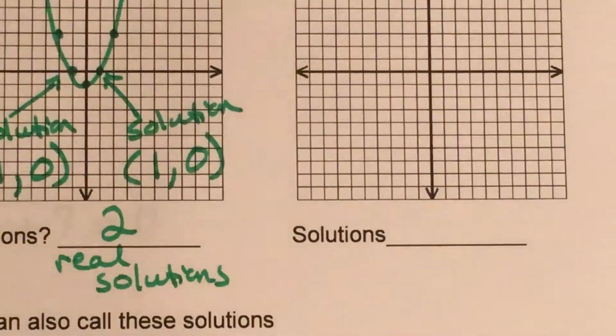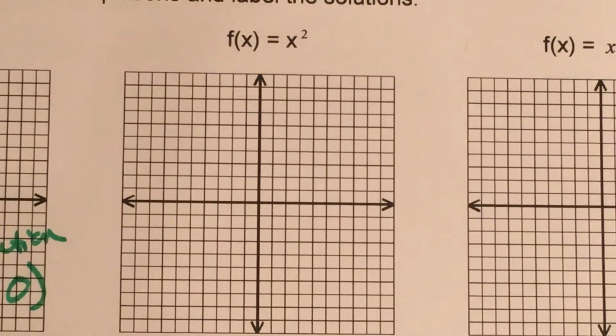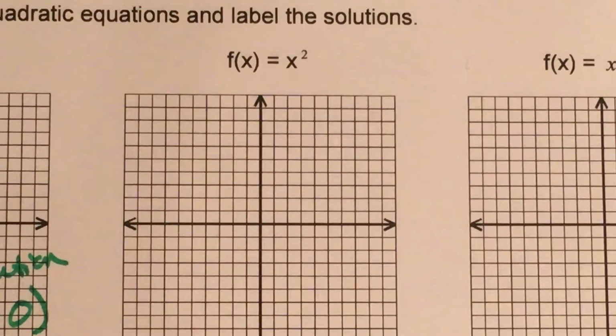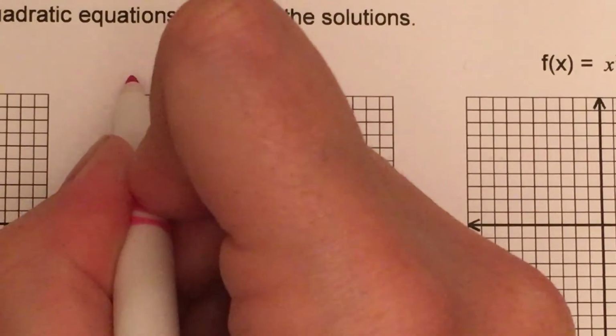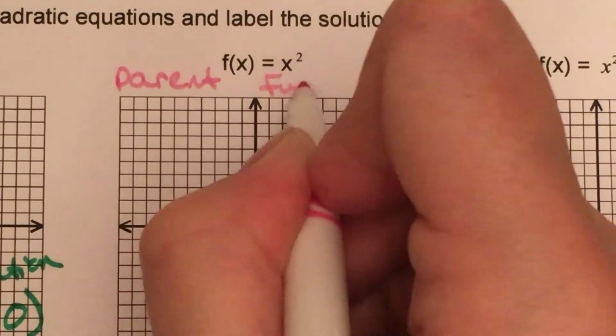All right, so let's look at our second graph. Our second graph is the parent function of all quadratics. We'll even write that down just to help re-emphasize for our own brains. Parent function.